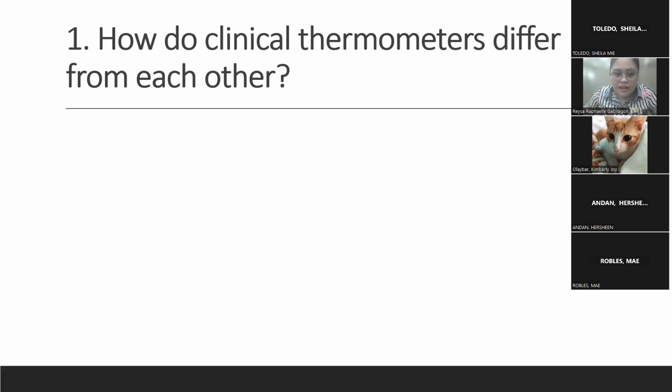Yes, Sheila. Ang difference nila sa mga thermometer from each other, ma'am, example noon, meron kasing manual talaga na thermometer, yung pinakauna. Ngayon kasi mas high-tech na siya.